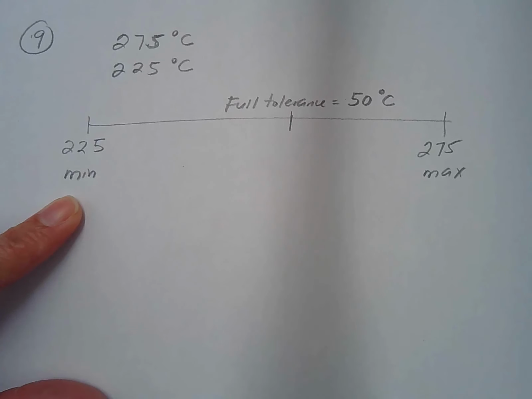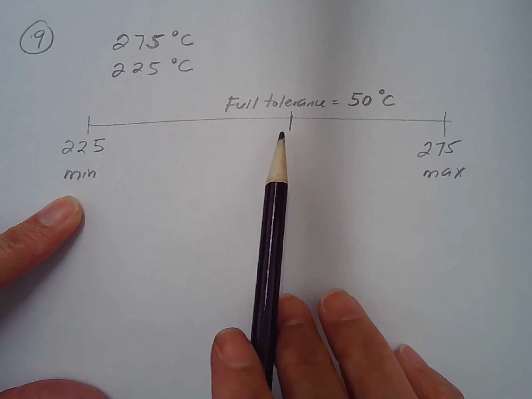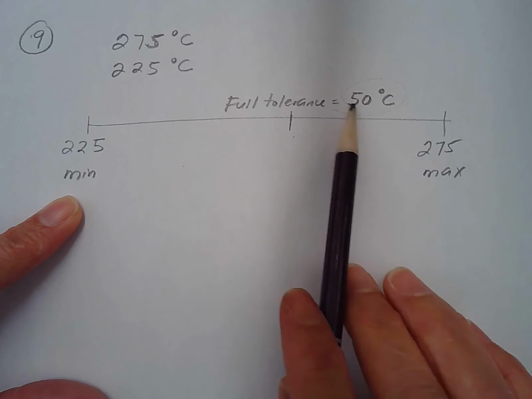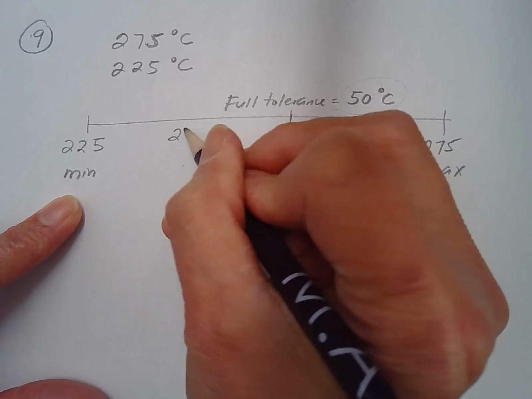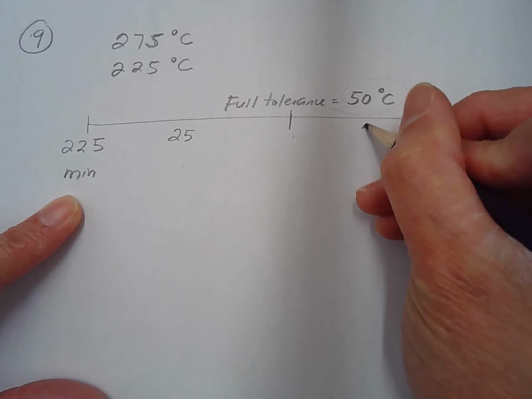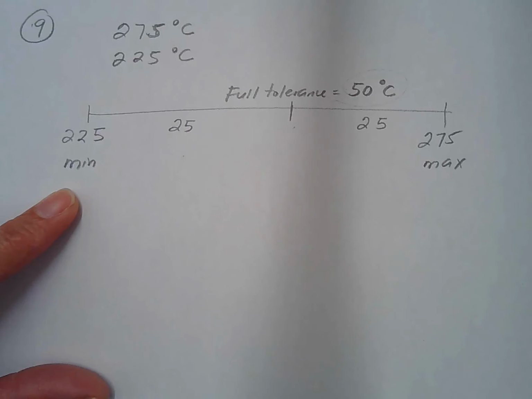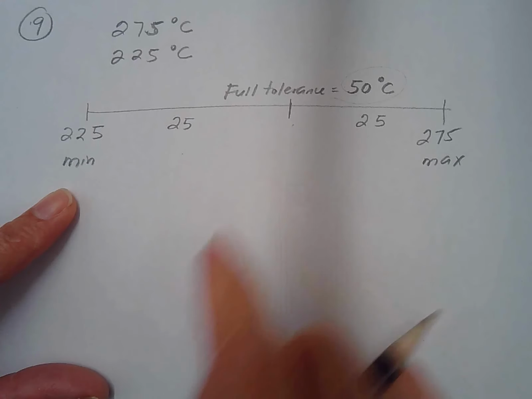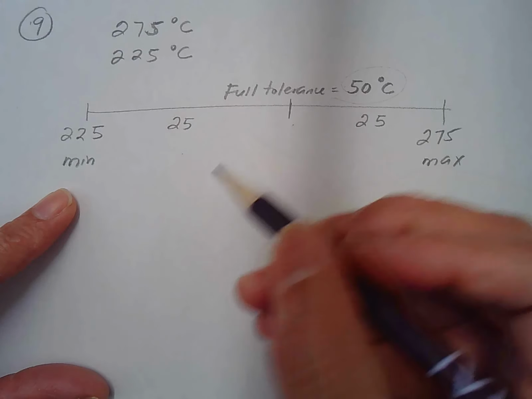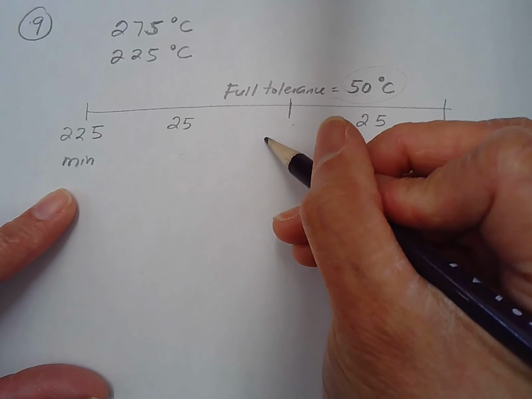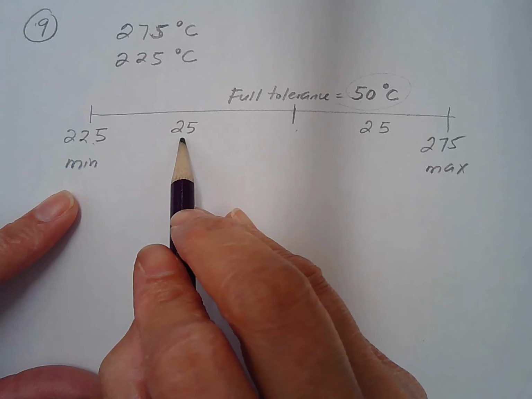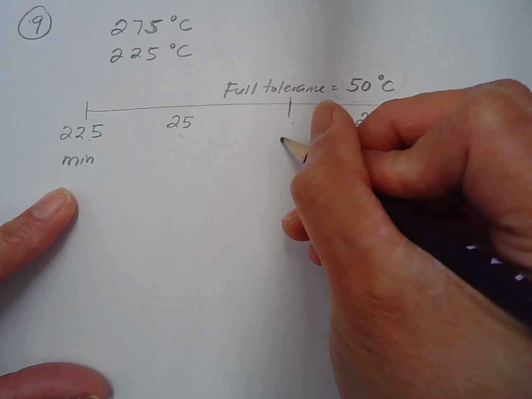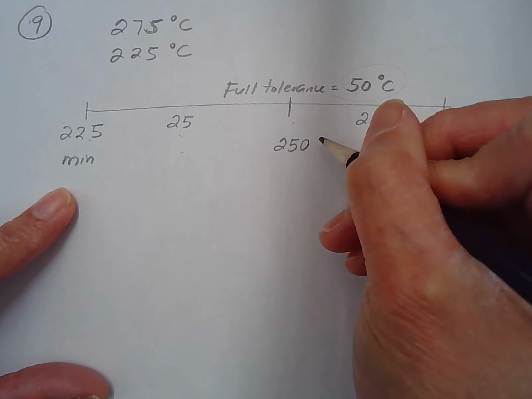Now, if this is the full tolerance, that means half is 25, half is 25. What's in the middle? This one would be 225 plus 25, so that's 250.